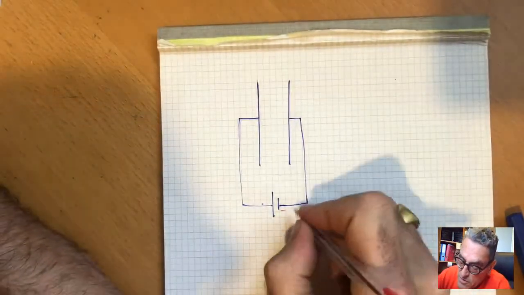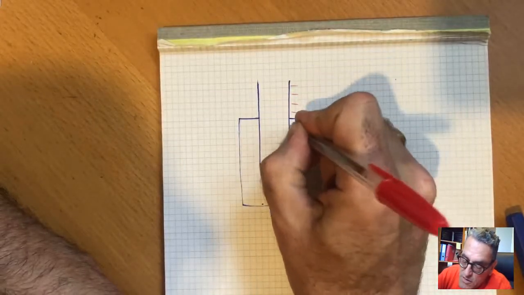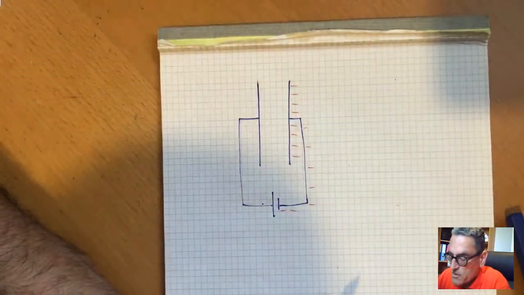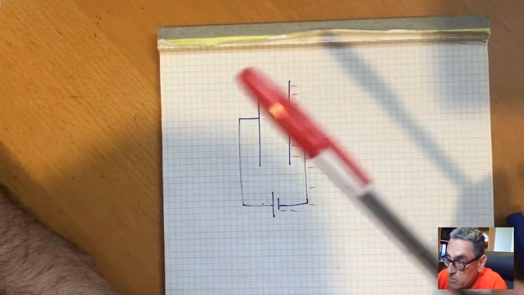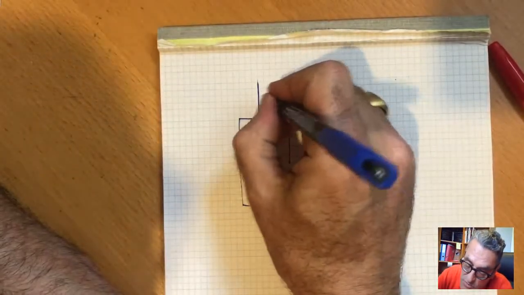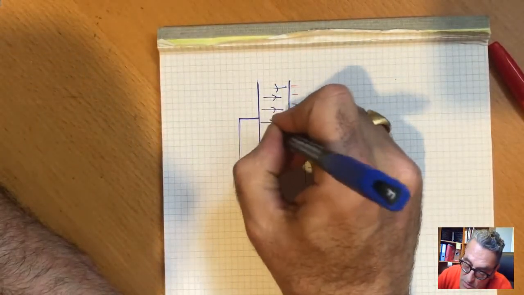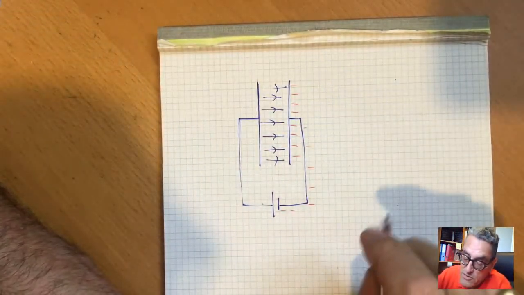These electrons hate each other, and so they go onto the plates of the capacitor. A capacitor is a system of two metallic plates which do not touch each other. And inside the capacitor, as we saw, there is a constant electric field which goes from the plus plate to the minus plate.